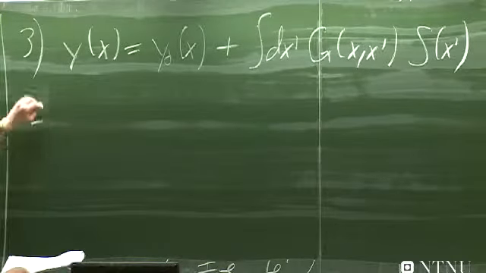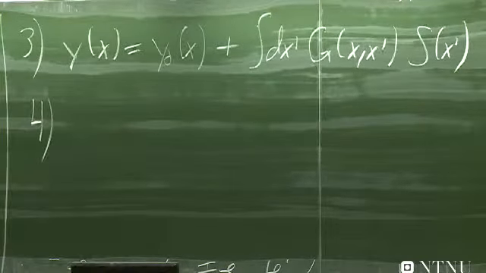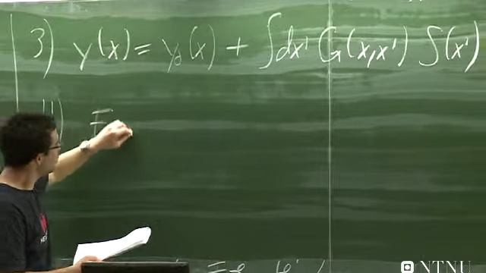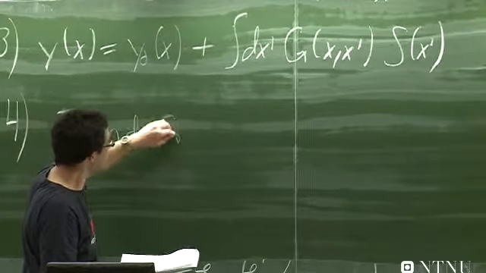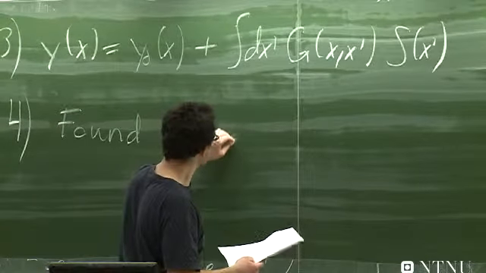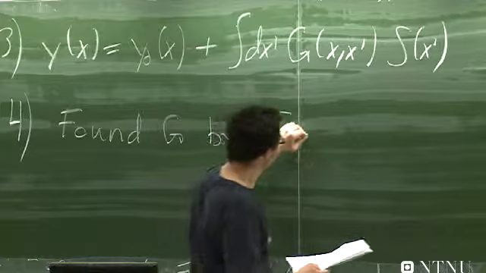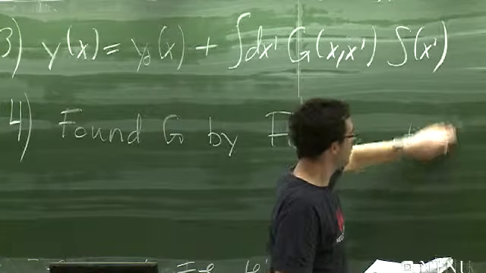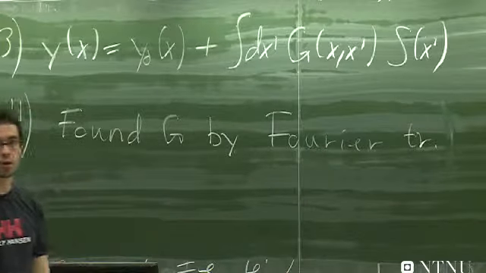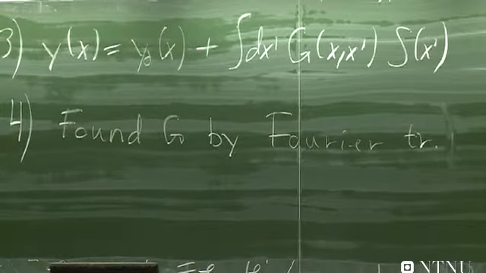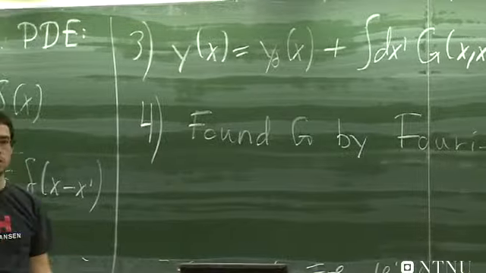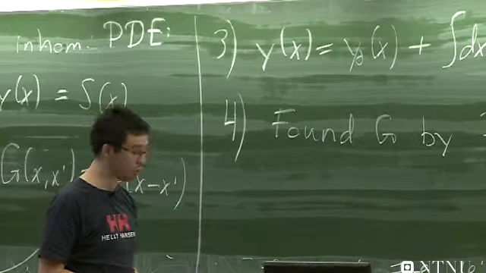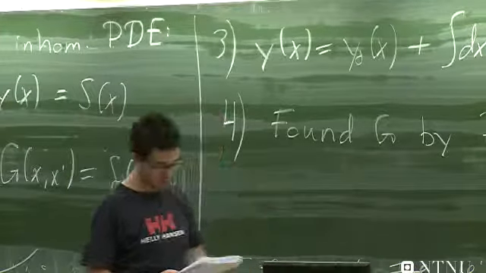We find that often, but not always, a Fourier transform is going to help us. So we found G by Fourier transform. That is, we transformed the equation. We found an algebraic equation for G, solved the algebraic equation, and did the inverse transform to find the Green's function.